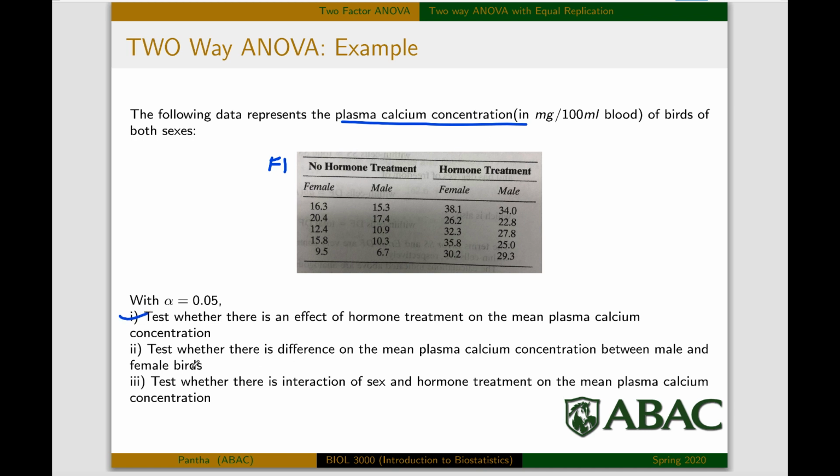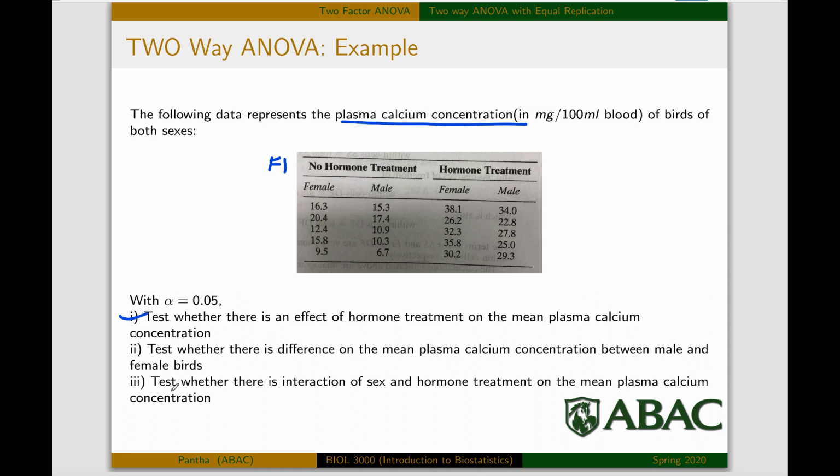The second question is to test whether there is a difference in the mean plasma calcium concentration between male and female. So this is male, this is also male, right? Is the average plasma concentration of the male versus female equal or different? That's the second thing you want to do.